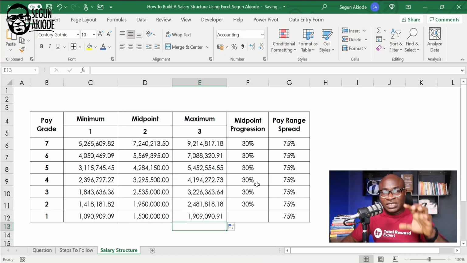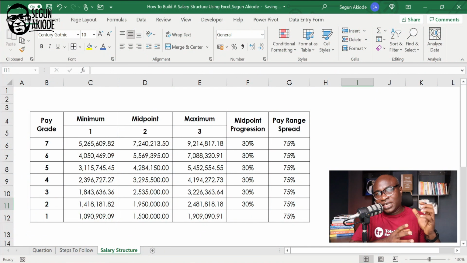Now, depending on design considerations, your midpoint progression can change and your pay range spread can change depending on the type of organization you're dealing with. So depending on the design consideration for midpoint progression and pay range spread, the values you would have would definitely be different. Also, if you were to use a remuneration survey to create your salary structure, you would have something completely different.